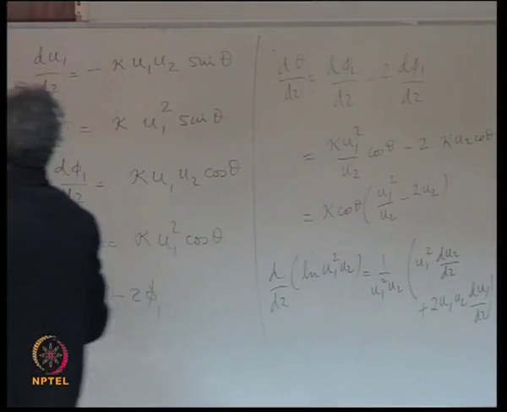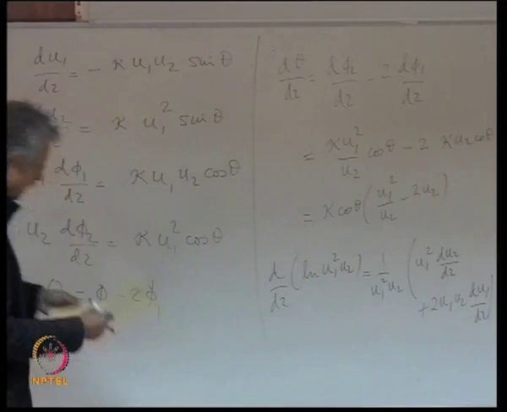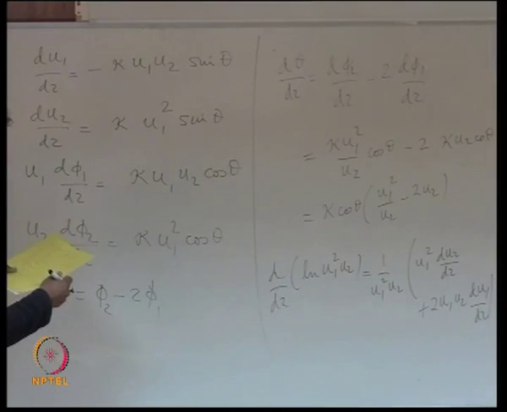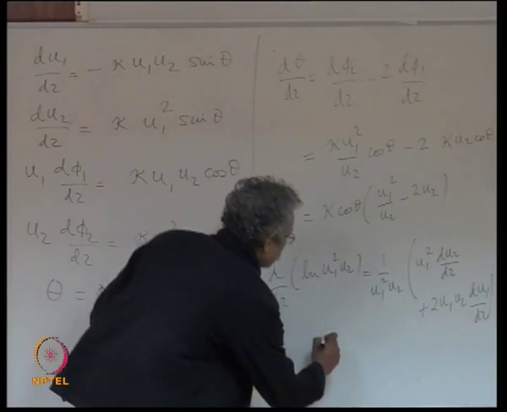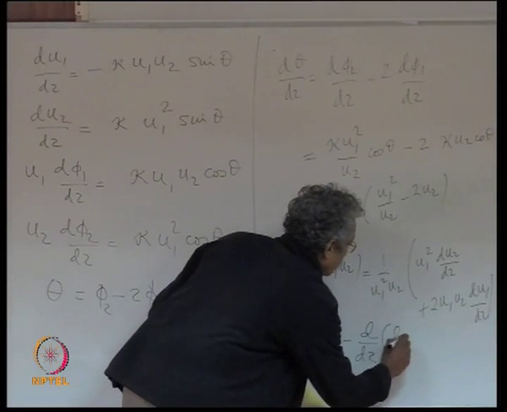And I have expressions for du1 by dz and du2 by dz here, which I can substitute here. This is a simple exercise. You can show that this happens to be equal to minus d by dz of log cos theta.